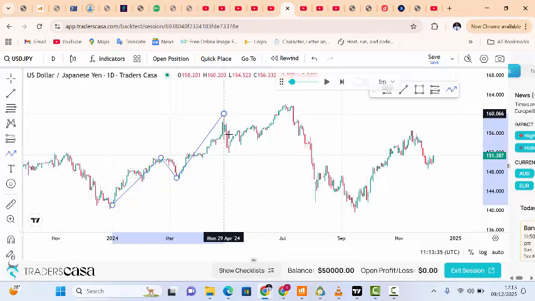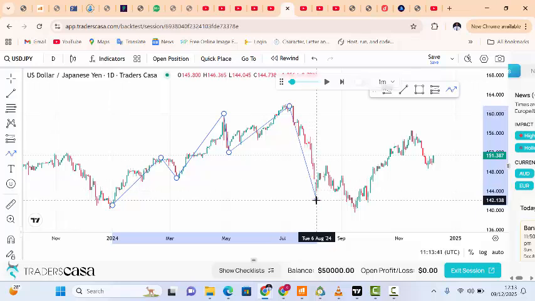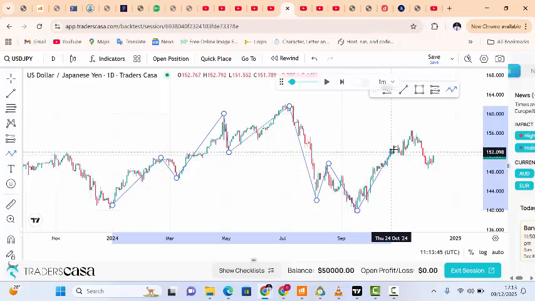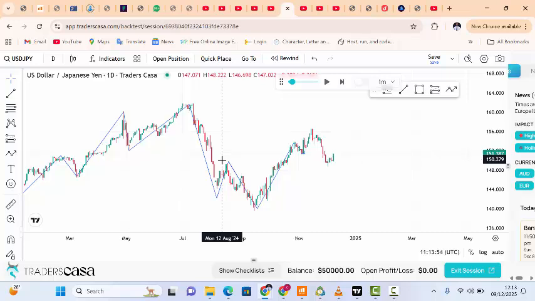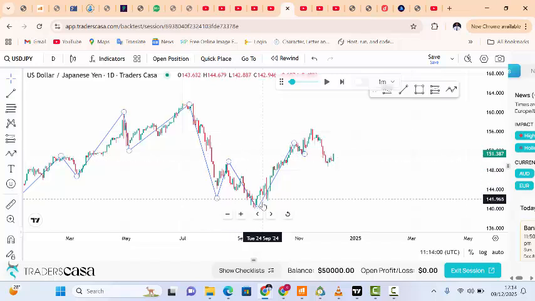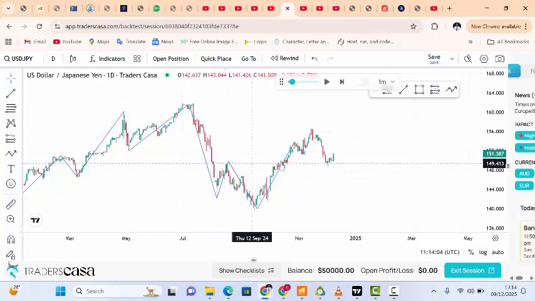We had an uptrend, all right, that changed to downtrend, that changed back to uptrend. You can see that of course there is a market structure shift here. What is the market structure shift here? Pull back. No, this is the market structure shift here.